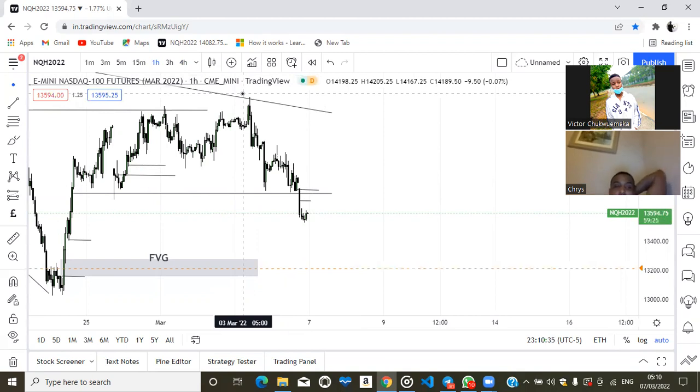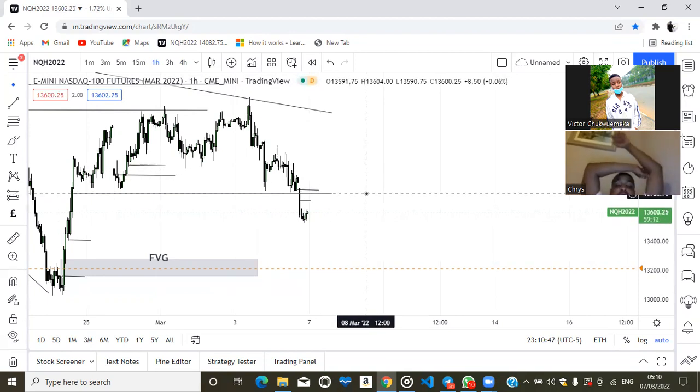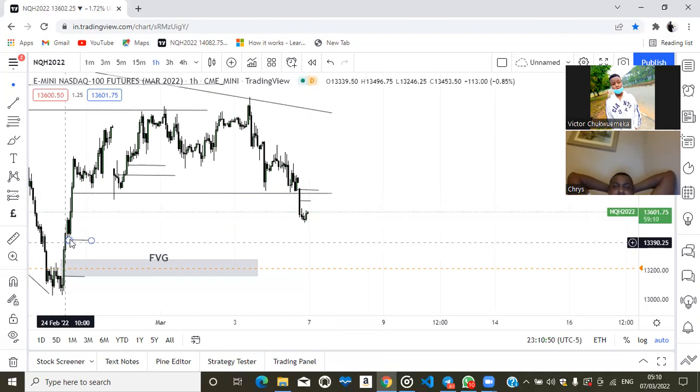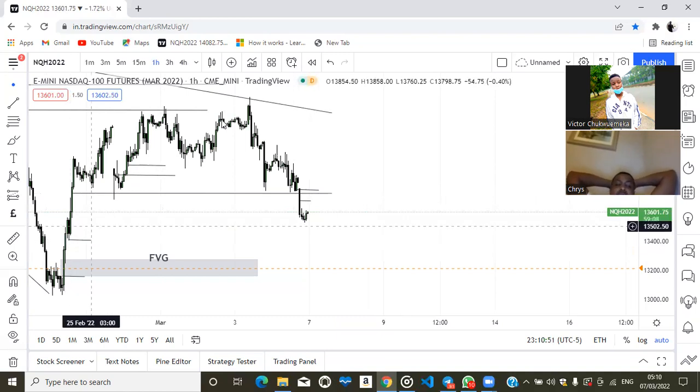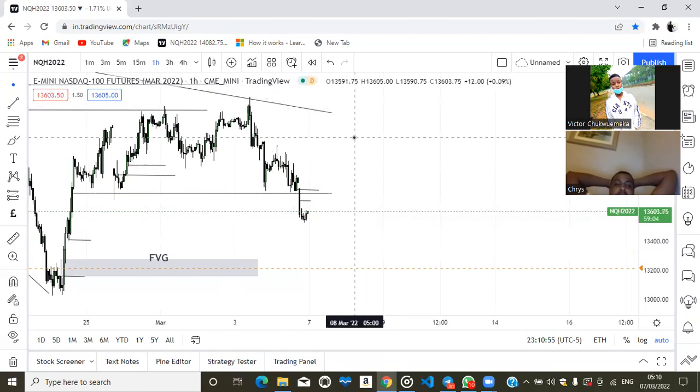Wait, the trend line is just for bias, right? Which trend line, bro? The one on the top and the one on the bottom, the diagonal one. No, no, this one. Yeah, but this is trend line liquidity, bro.